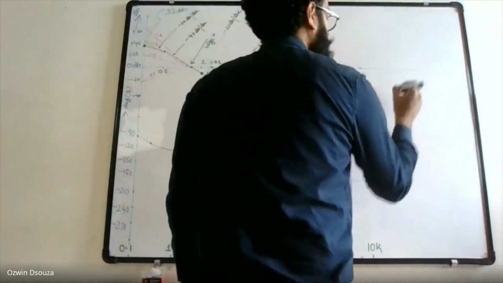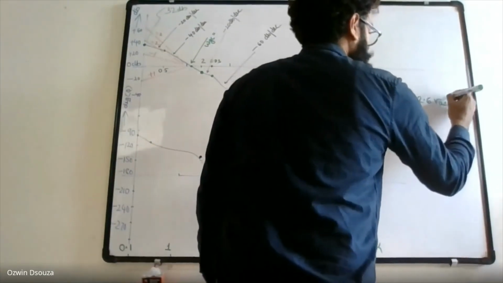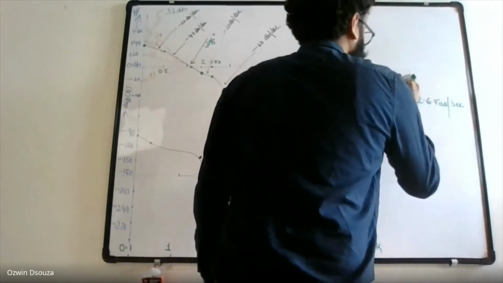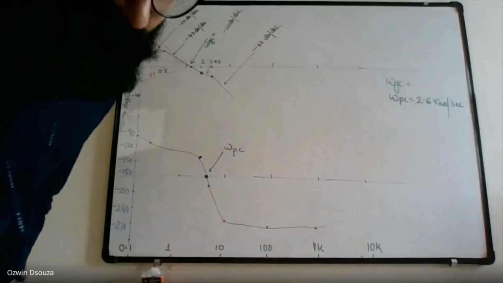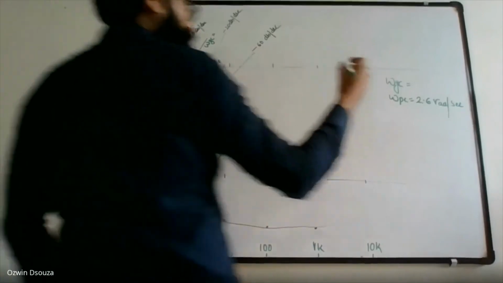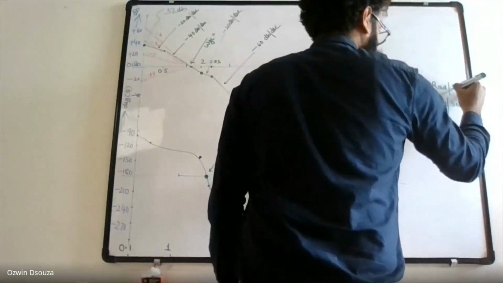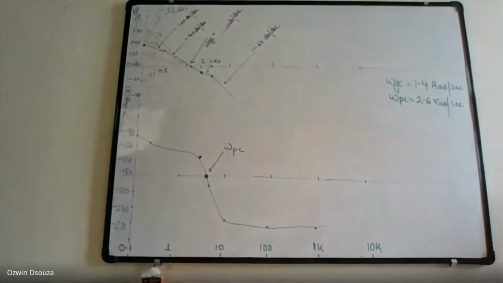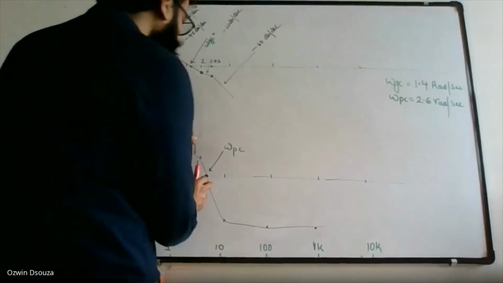So here let me write omega PC is 2.6 radian per second. And omega GC, you will get it as between 1 and 2, right? So around 1.4 radian per second. So once you have the omega PC and omega GC, you can find the gain margin.